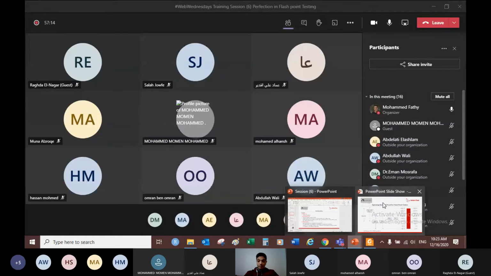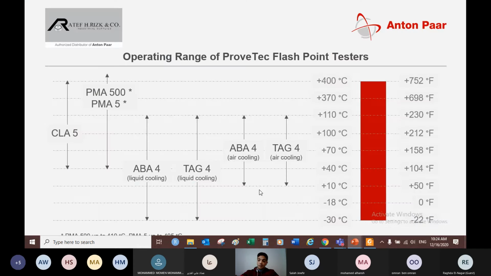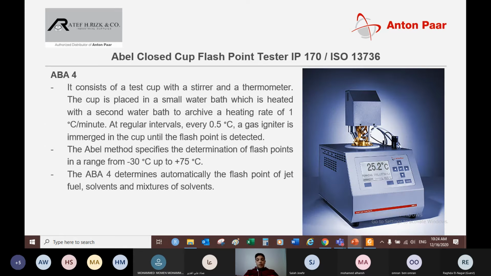All right. Let's begin with the Abel flashpoint tester from Anton Paar. It conforms to IP 170, which is a UK standard, and the standard method covers the range from minus 30 to plus 75.